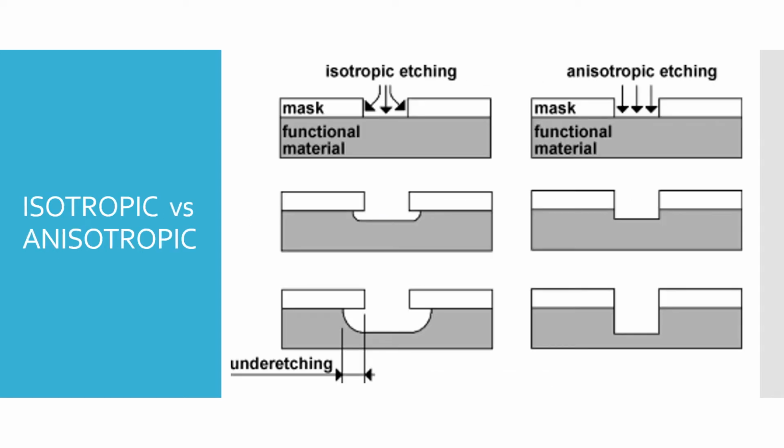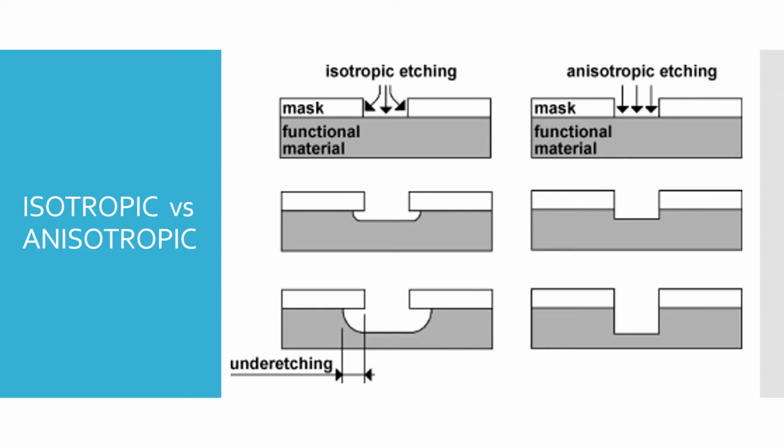Here is the comparison between isotropic etching and anisotropic etching. If you can see, this is what happens after the mask and the photoresist are placed on the substrate. After the etching process, you will see that there is under etching for the isotropic, because of the isotropic etching process.